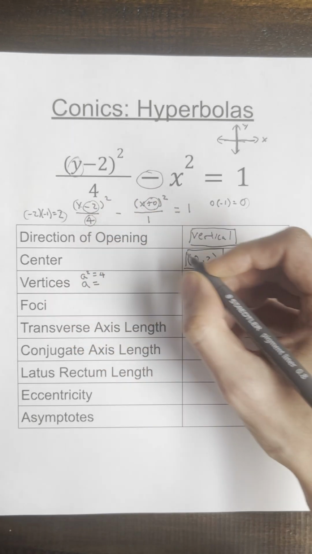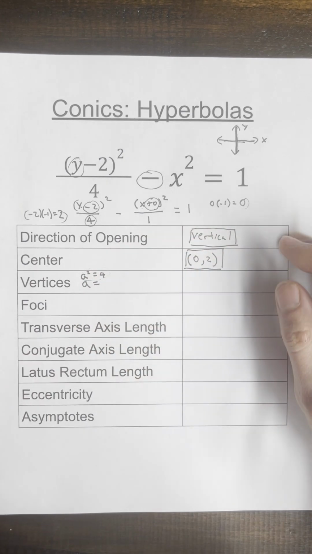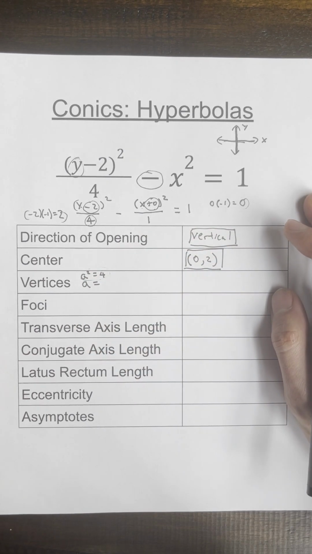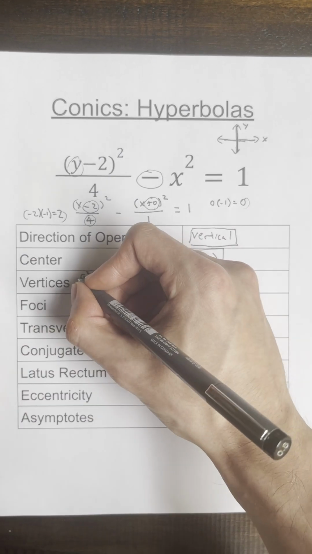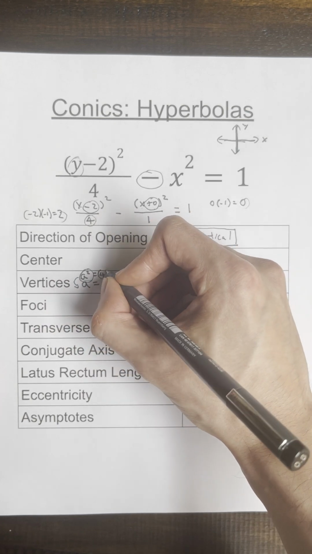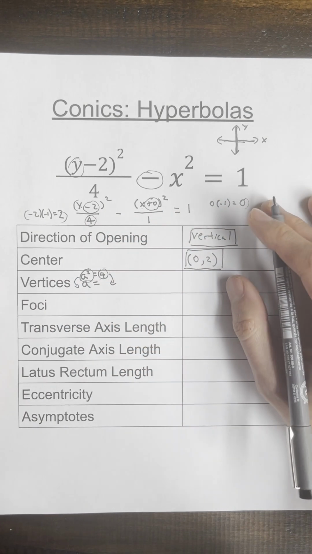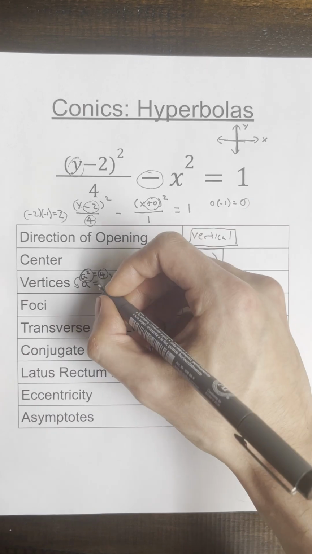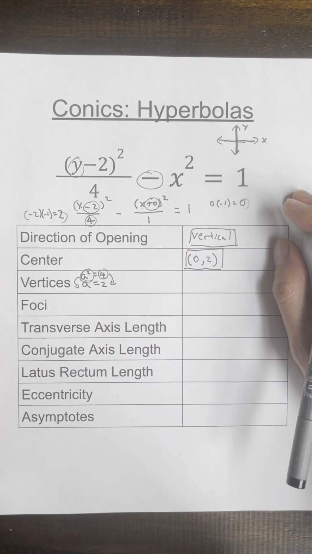So to find A, what did we do to both sides of this equation? We had to take the square root. We take the square root to go from here to here, so we need to take the square root of 4 as well. What's the square root of 4? 2, because 2 times 2 is 4.